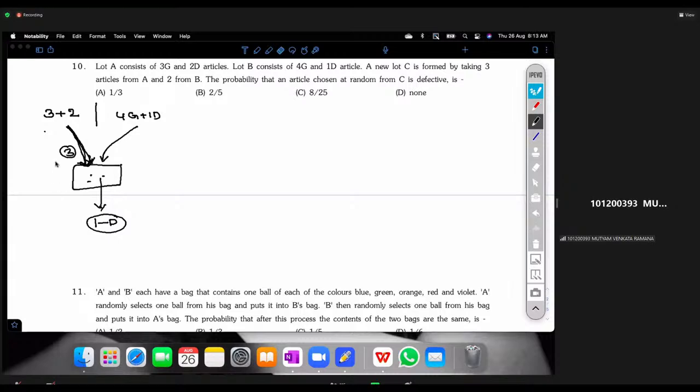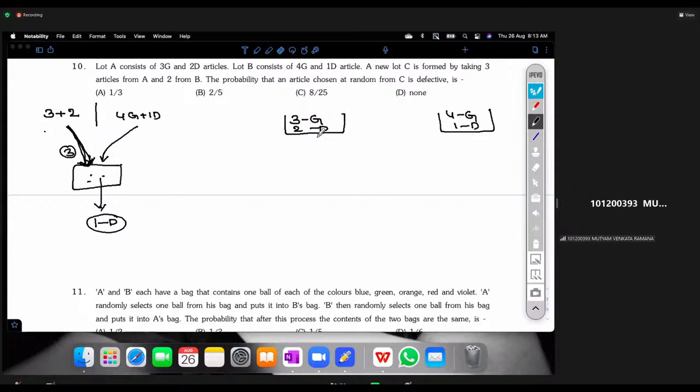Yes sir, I am not understanding how you are solving. No, it's simple, beta. These questions, you split into parts. Here you have three genuine, two defective articles. Here you have four genuine and one defective.